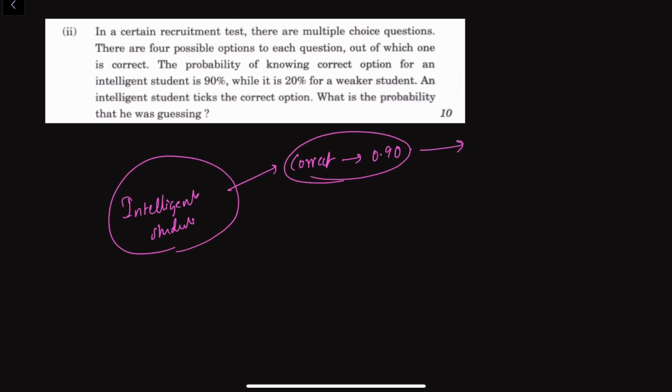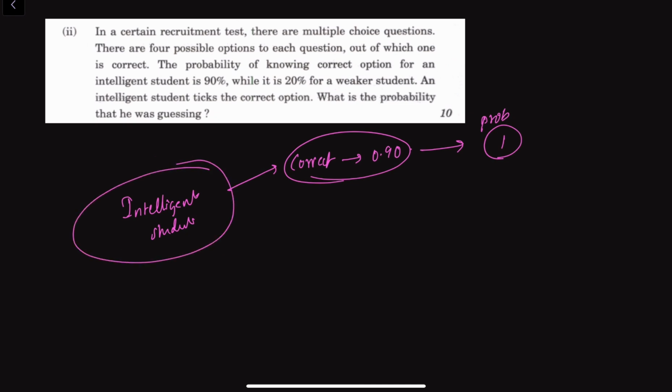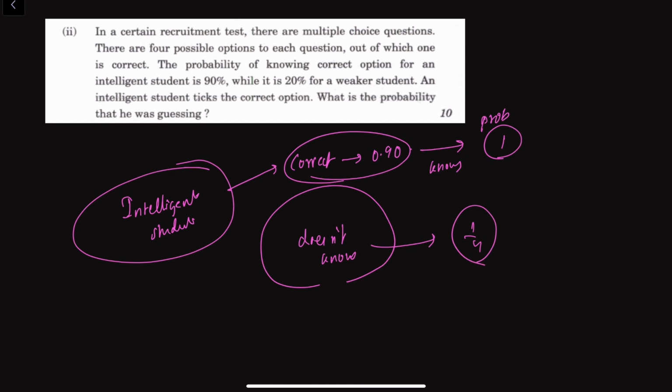Suppose he doesn't know; then he guesses uniformly from the 4 options. So if he doesn't know, the probability that he will choose the correct option is 1/4.